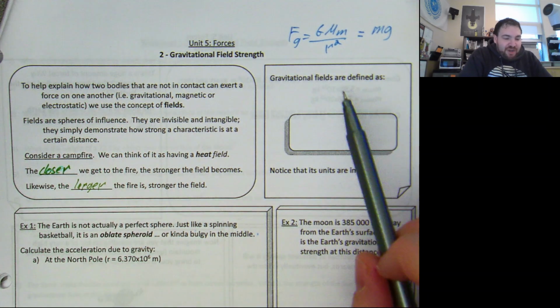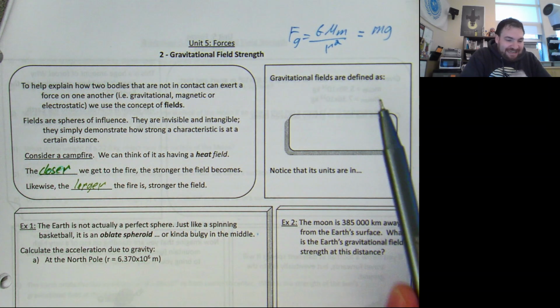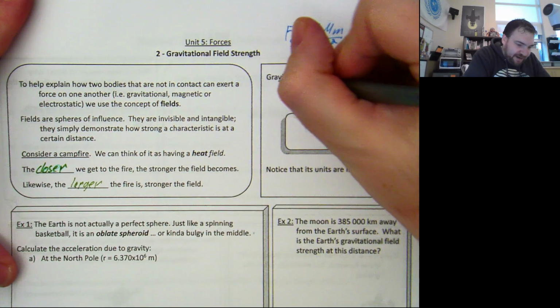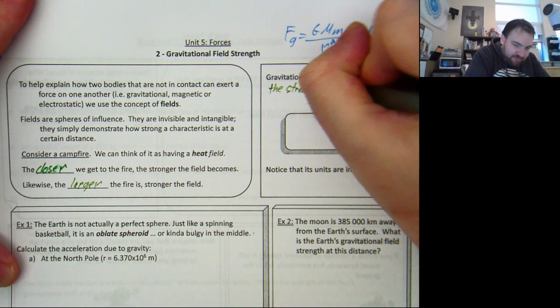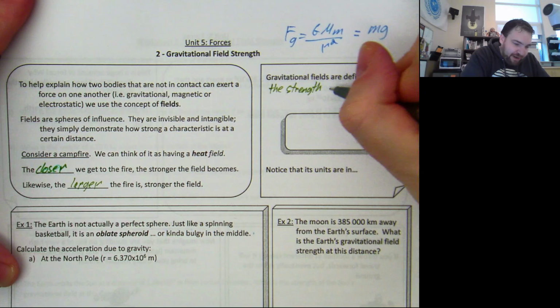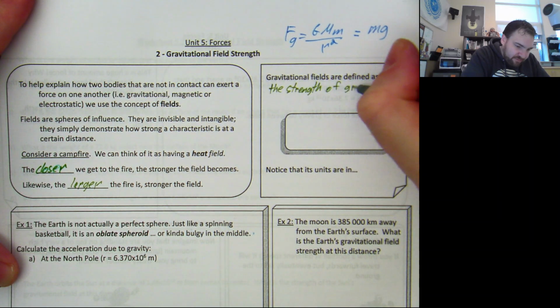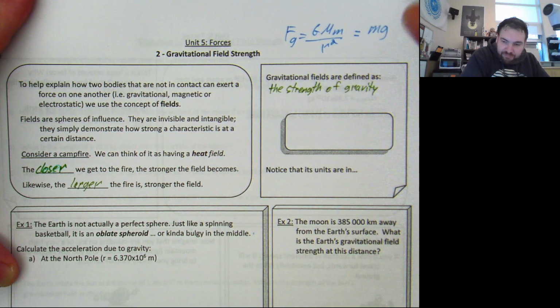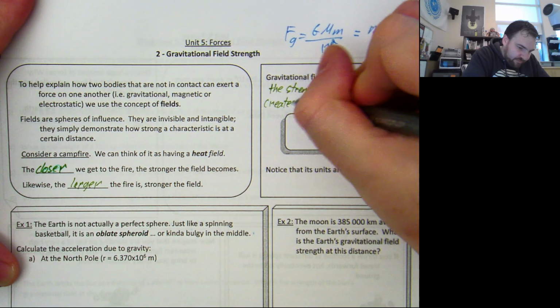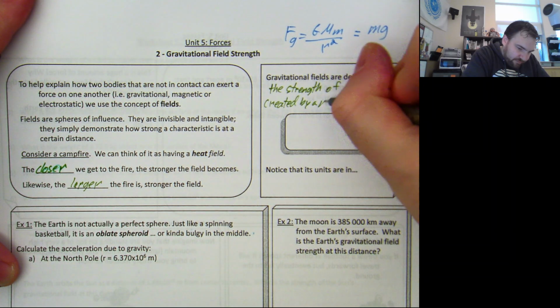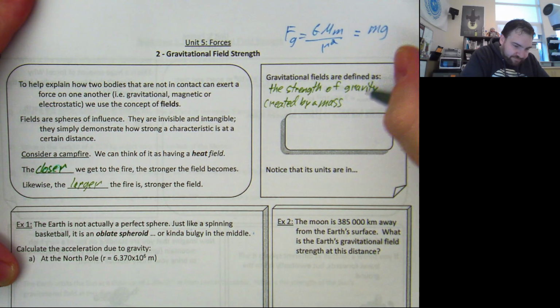But I digress. Gravitational fields are defined as the following. They are defined as the strength of gravity created by a mass at some point.